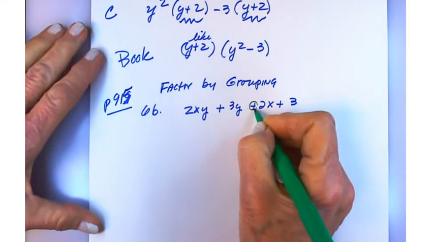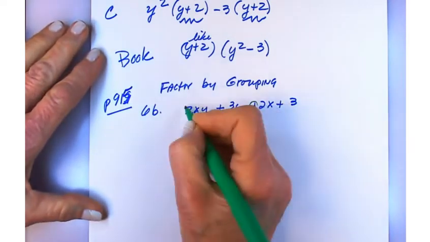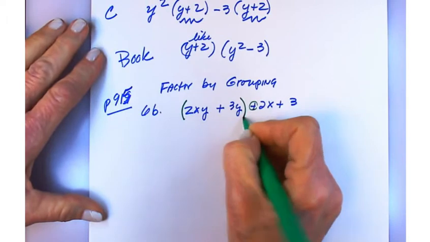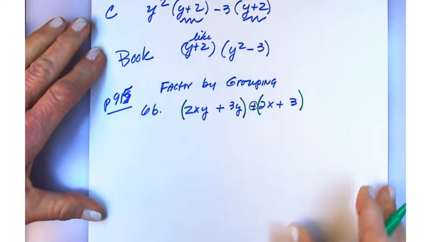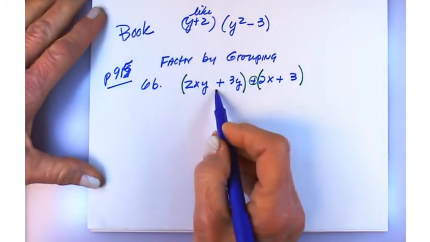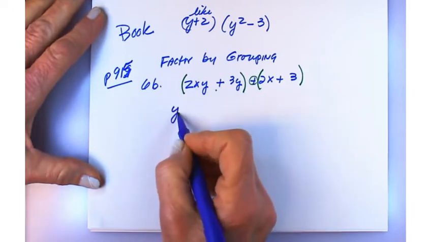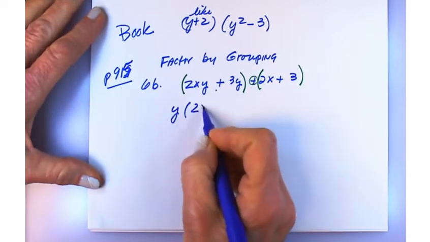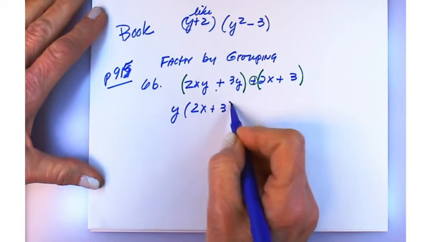If it's positive, we can put in these parentheses and not worry about any sign changes at all. Okay? And ours was positive. So I look in parenthesis 1, my common factor is y, and I have 2x plus 3.